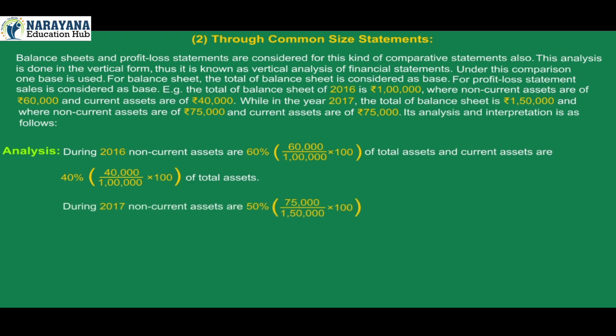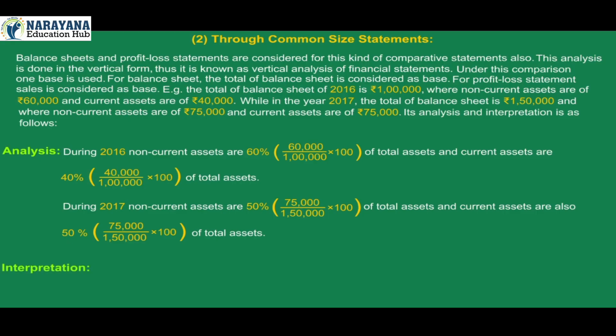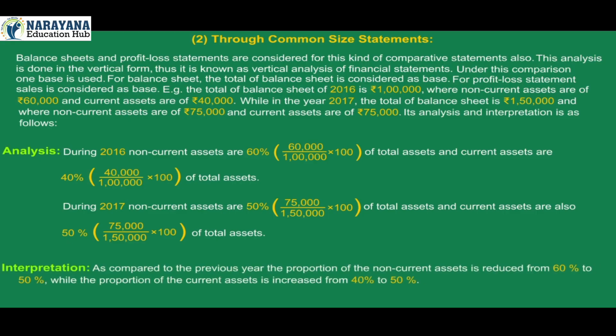During 2017, non-current assets are 50%, 75,000 divided by 1,50,000 into 100 of total assets, and current assets are also 50%, 75,000 divided by 1,50,000 into 100 of total assets. Interpretation. As compared to the previous year, the proportion of the non-current assets is reduced from 60% to 50%, while the proportion of the current assets is increased from 40% to 50%.